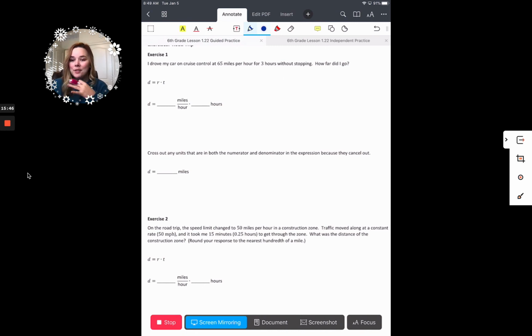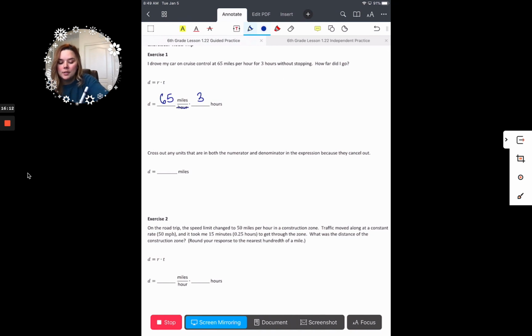Alrighty, so we have this kind of framed out equation. Distance equals blank miles per hour times blank hours. So our problem says that we drove the car on cruise control at 65 miles per hour. So our rate is 65 miles per hour. And they drove for 3 hours without stopping. We need to find the distance.